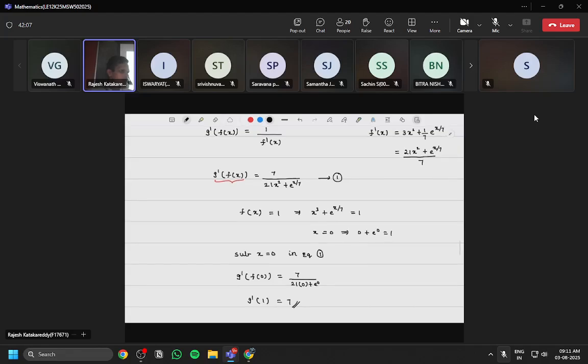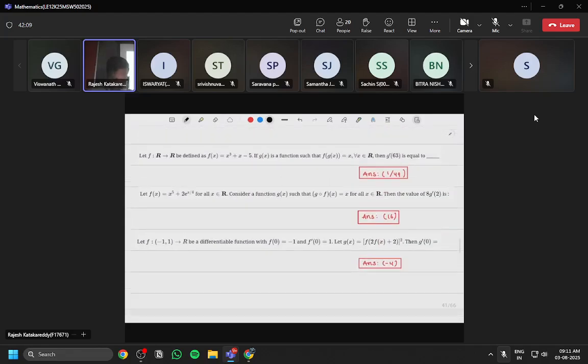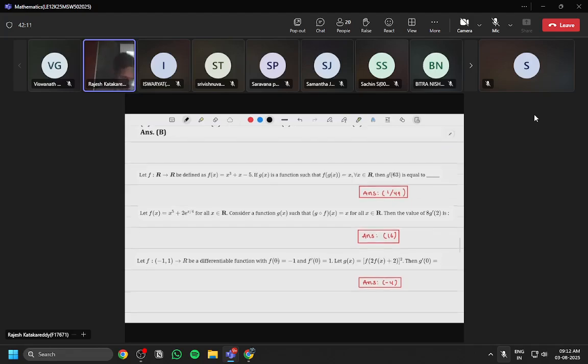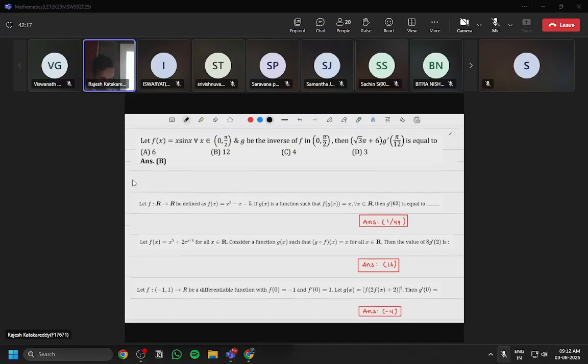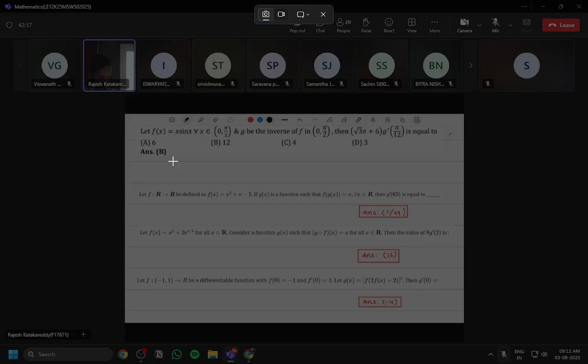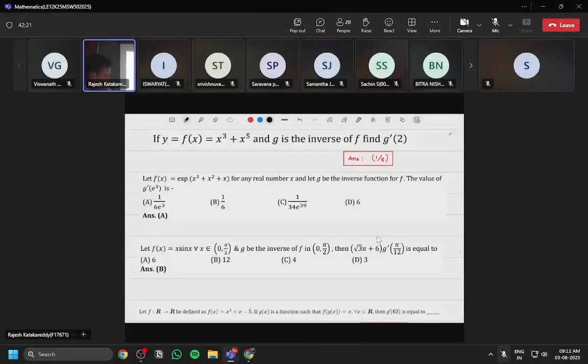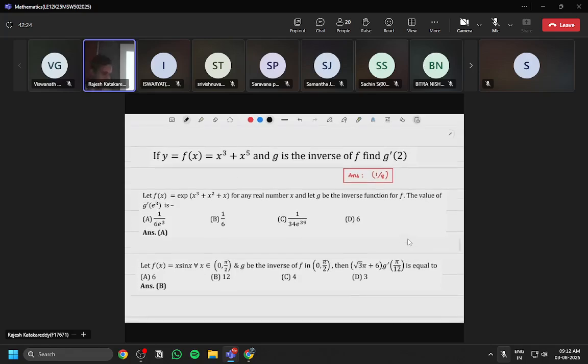Now, note down these problems. I think 1, 2, 3 are PYQs of JEE Mains. And these two I have taken from one standard module, name I cannot mention here.